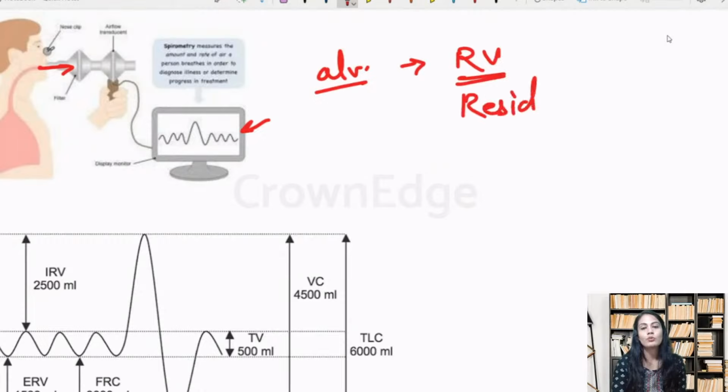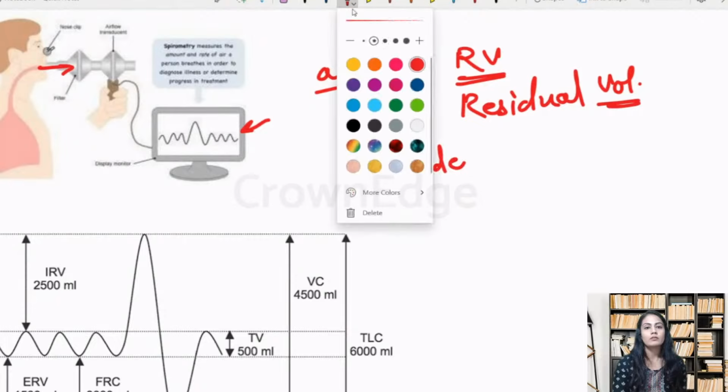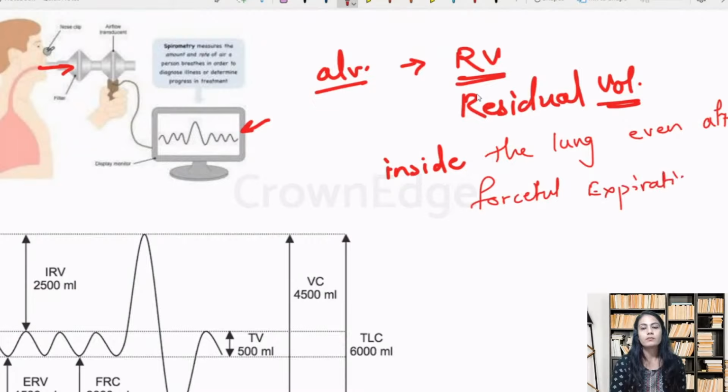It is going to be there inside my lung even after forceful expiration, and that is known as residual volume.